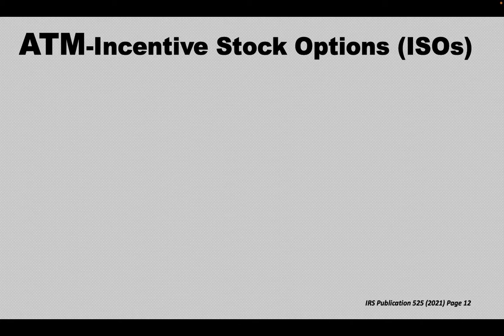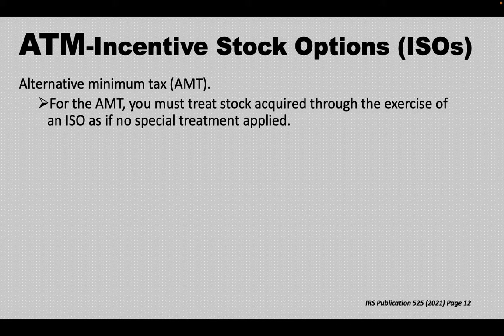I'm going to go through some information from IRS Publication 525, page 12. The IRS website says that for the AMT, you must treat the stock acquired through the exercise of an ISO as if no special treatment applies. So basically, you have a special treatment on the ISO, but here they say you have to treat your stock as having no special treatment.